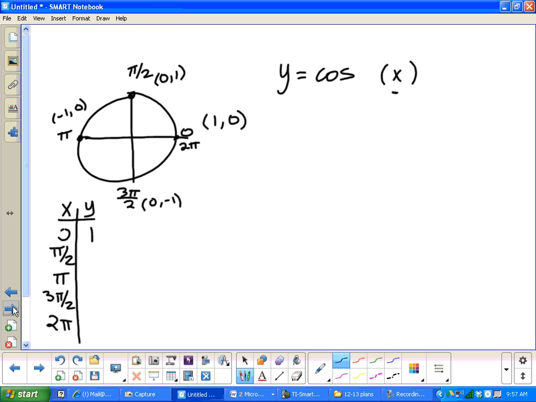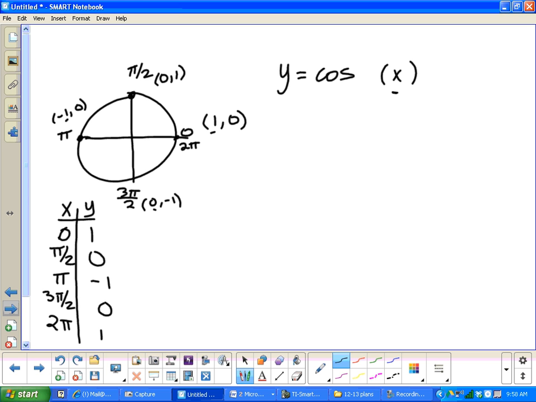It was an arrow. I was pointing to it. All right, at pi over 2, what's the cosine? 0. All right. At pi, cosine, the x coordinate there would be -1. All right, 3 pi over 2 would be 0. And at 2 pi, it's back at 1.